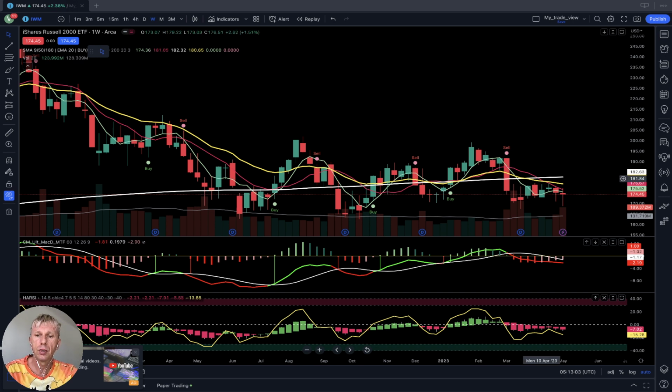MA5, 10 and 20 below 200, bearish. MACD below 200, below the signal line and below the zero line, bearish. RSI below the zero line, bearish. Heikin-Ashi red, bearish. All indicators bearish. Sell signal by the script, and all indicators bearish on the weekly time frame.